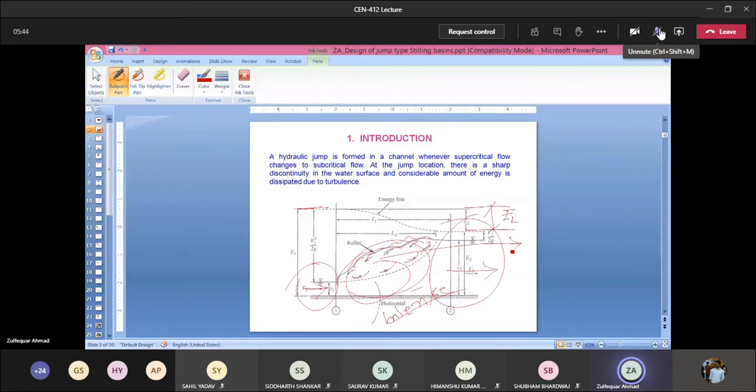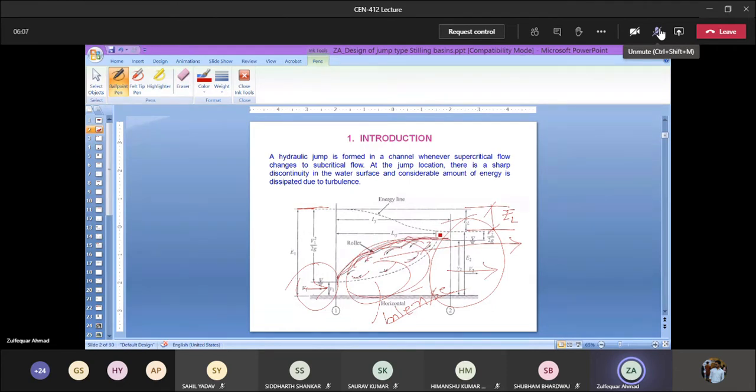So this one you have already gone through. What would be the relation between y2 and y1? Y2 by y1 is equal to half into minus 1 plus under root 1 plus 8 F1 square, right? That one you know, right? And you have also gone through what would be the water surface profile, right?